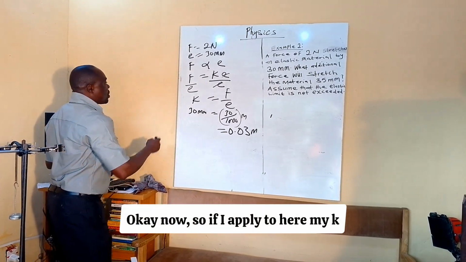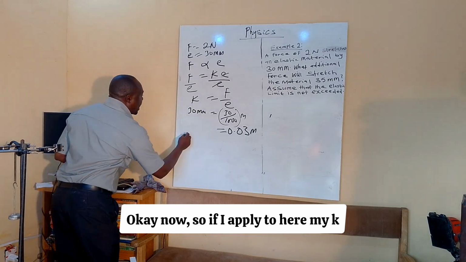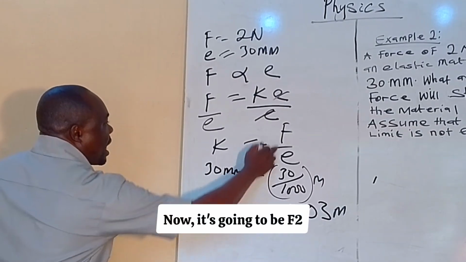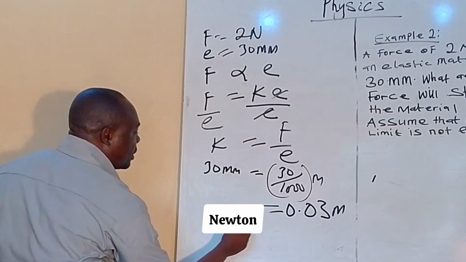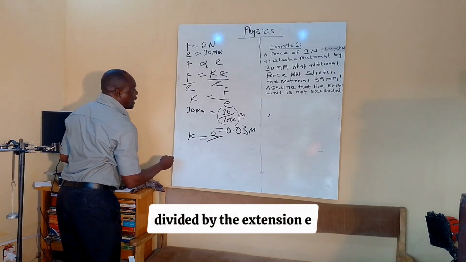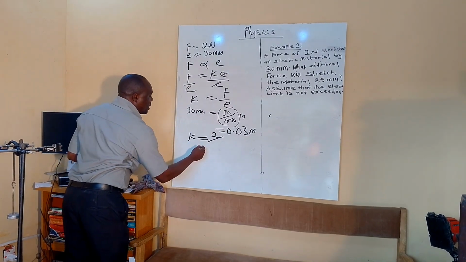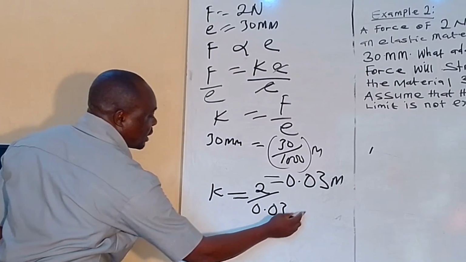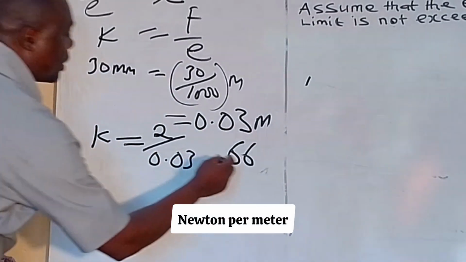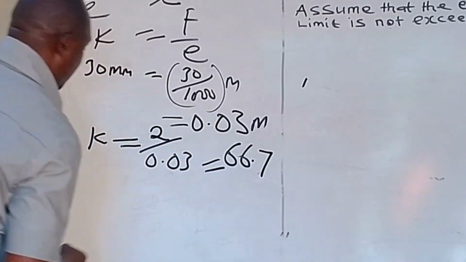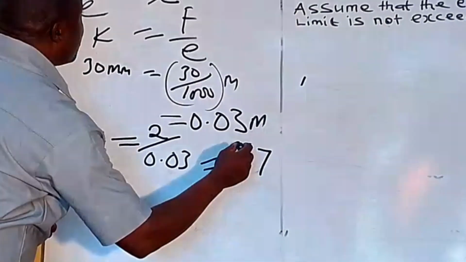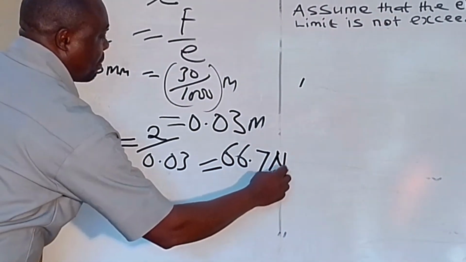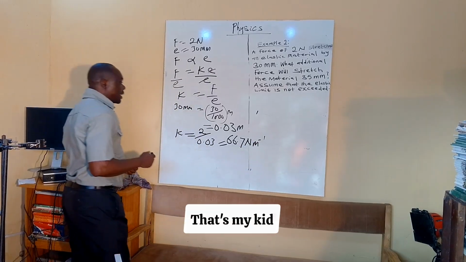Okay, now if I apply it here, my K now is going to be F, 2 Newton, divided by the extension E, 0.03, which is giving me 66.7 Newton per meter. That is my K.